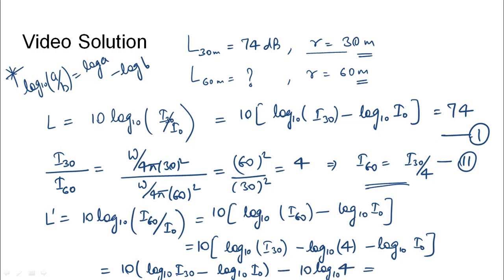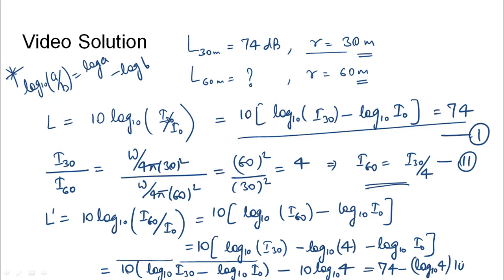So we can see here that this term 10 log 10 I30 minus log 10 I naught is 74 decibels from equation 1. So this can be written as 74 minus log 10 4 into 10. So this would become 74 minus 10 into log of 4 is 0.6. So this would become 68 decibels.